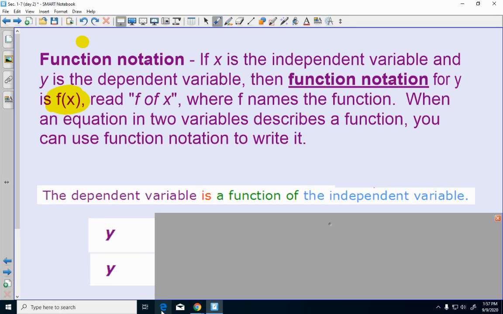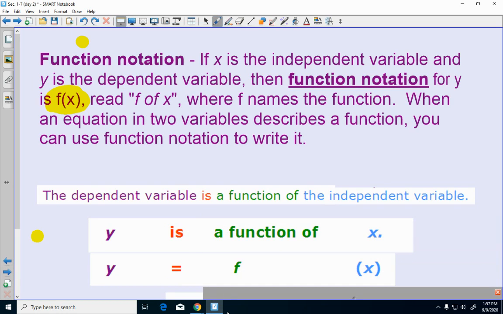So Y is, or Y equals, we are going to denote the word or the phrase a function of with the letter, I'll just take a wild guess, not X, F. So this function is going to get represented by the letter F. And the independent variable in this scenario is X. So essentially what we have here is that Y is really the same thing as F of X.